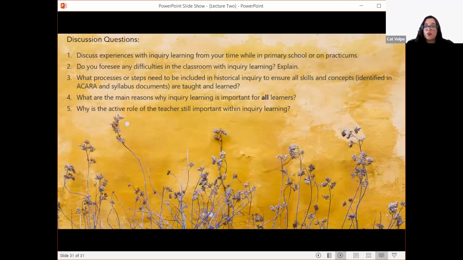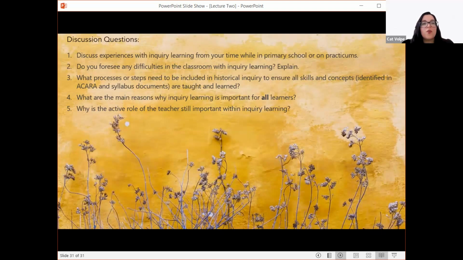There will be difficulties with inquiry learning. So that's definitely true, but it can be challenging. So we'll talk about what those challenges are. What processes or steps need to be included in a historical inquiry to ensure all skills and concepts are taught and learned? What are the main reasons why inquiry learning is important for all learners?